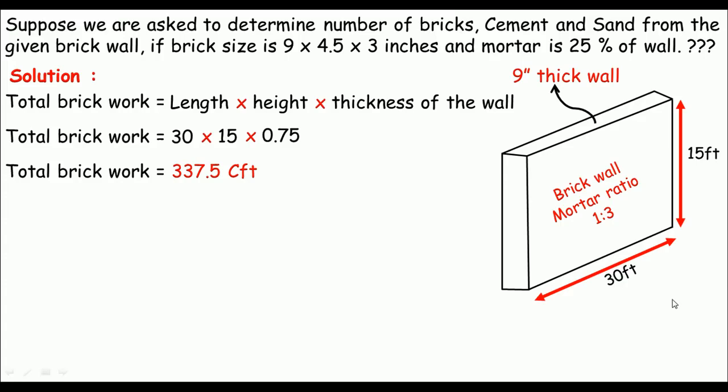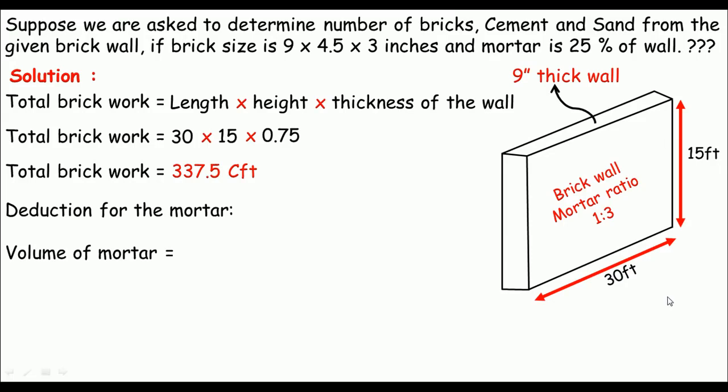But this is just the total brickwork. We have to deduct the volume of mortar, so let's calculate it. The volume of mortar is 25%, and to remove the percent sign we divide by 100.